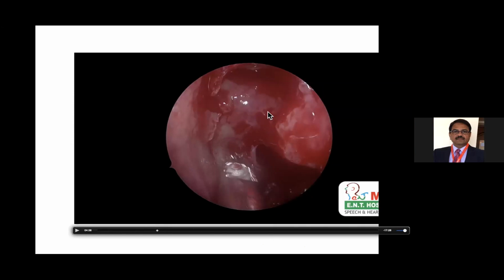This is the ground lamella, getting attached to the lamina papyracea. A very important point: this attachment may not be at the same level superiorly also. It is going a little more posteriorly, a very superior attachment. So it need not be a straight line. Sometimes it is reorganized by the pneumatization of the anterior and posterior ethmoidal cells.